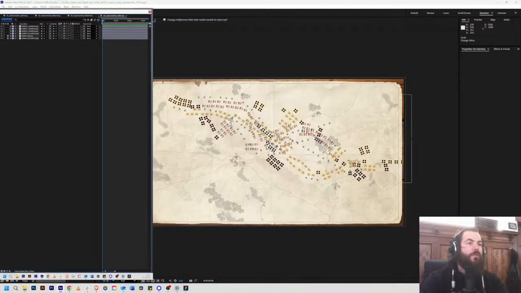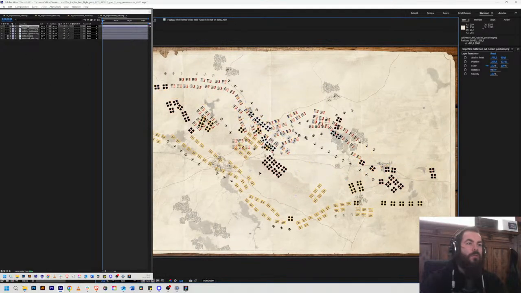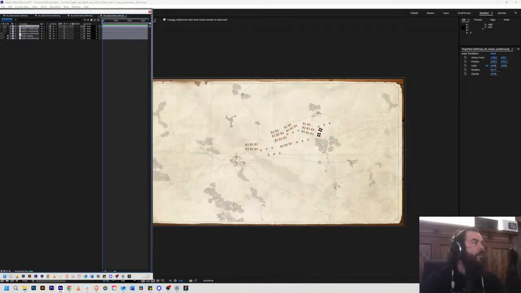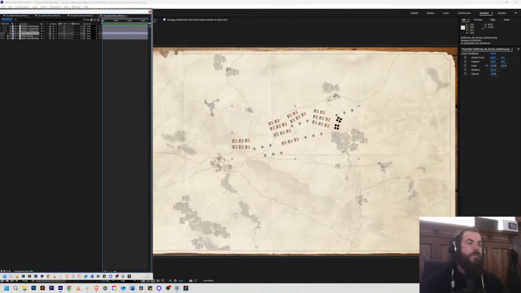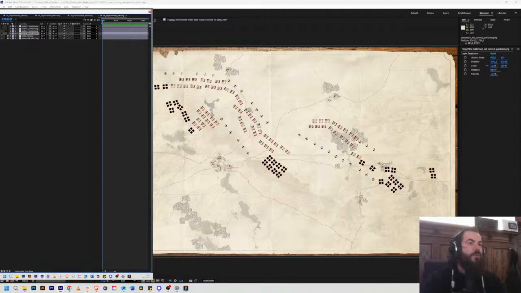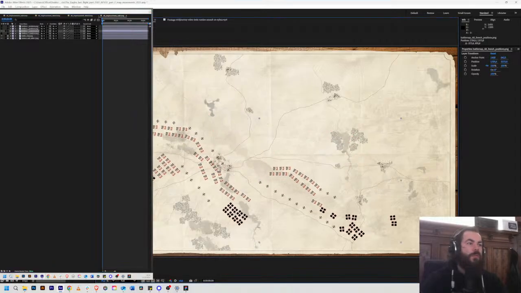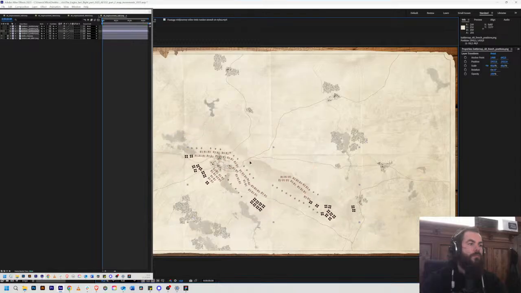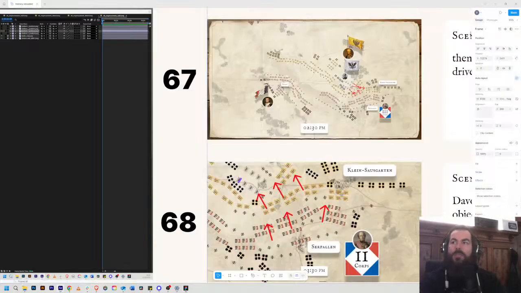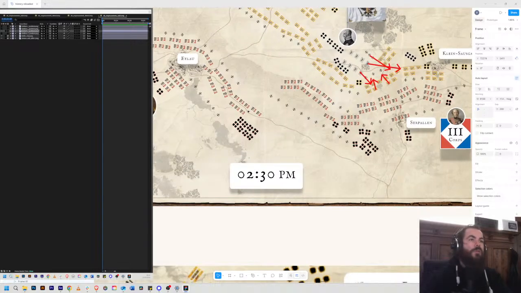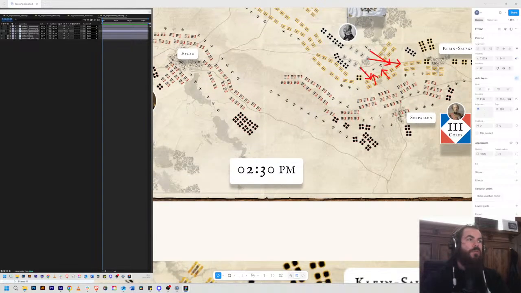Put those for the time being. I'm gonna start with the French position, just trying to match the picture.